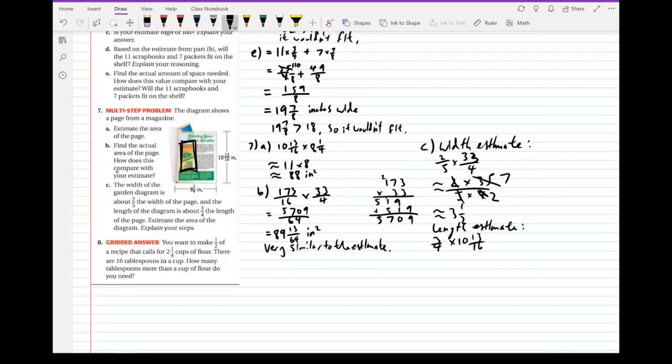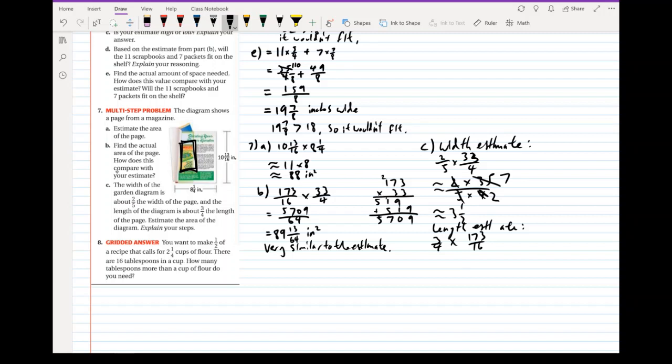If we remember what 10 and 13 over 16 is as an improper fraction, that's 173 over 16. So let's move that, 173. And we're going to change these numbers into compatible numbers to make things easier to calculate.